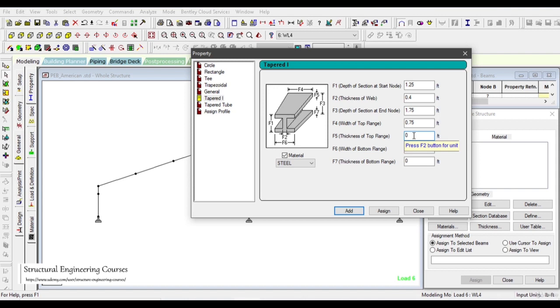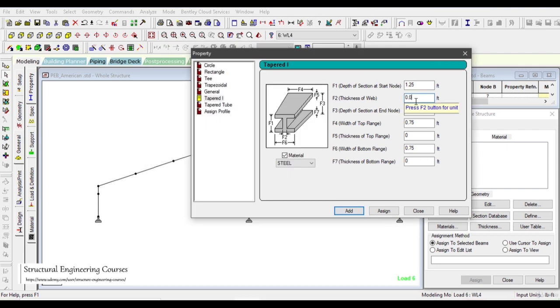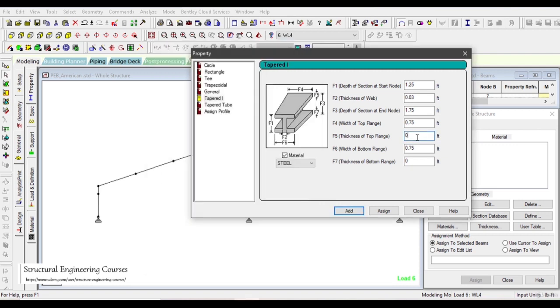Now thickness is somewhat confusing part here, because if we are considering that thickness of, let us say, top flange is 16 mm, so what we can do here is, let us say if we are talking about 0.03 foot into 12 into 25.4, so 0.03 means that it is approximately 10 mm, and if we are considering 0.05 into 12 into 25.4, it comes out to approximately 16 mm, so we can take it as 0.05.